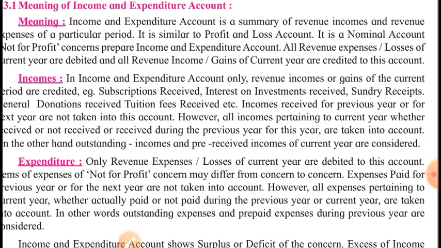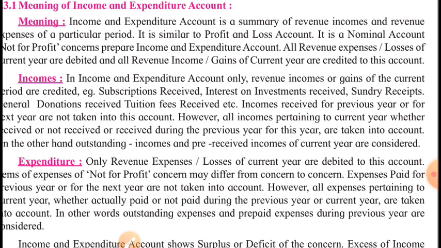Means may it be the income that have been received or to be received, but of this year it will be shown on the income side, and may it be the expense of this year paid or unpaid, must be shown on the debit side of this account. That is the point.